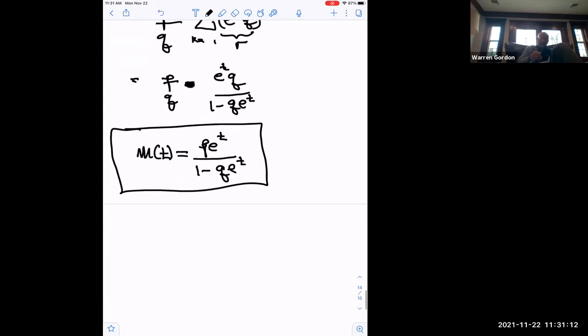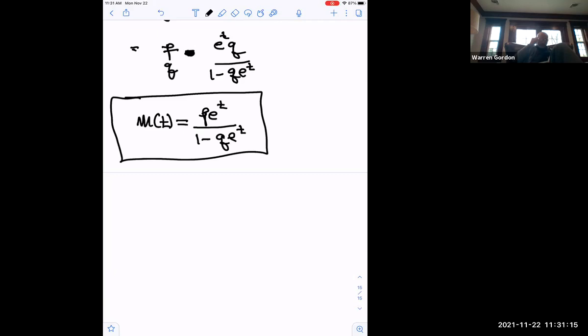So I have the moment generating function. And now if we use calculus, if I take the derivative of this with respect to t using the quotient rule, I'm just going to give you the result: P e to the t over 1 minus Q e to the t, squared.